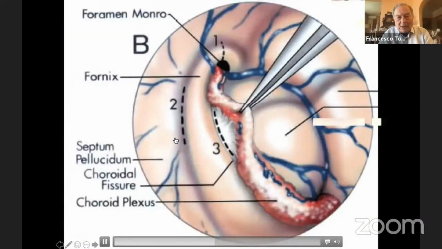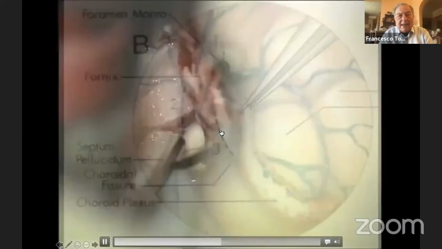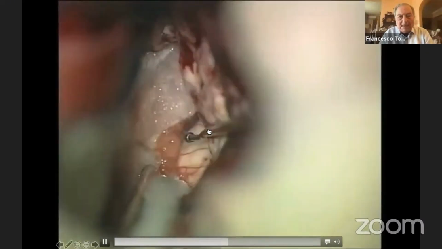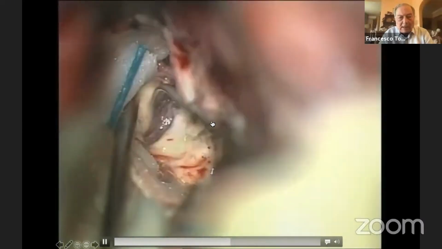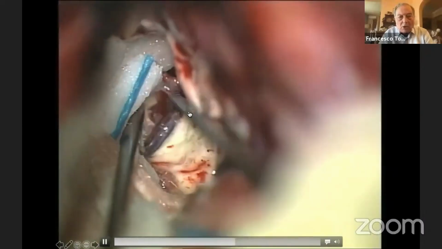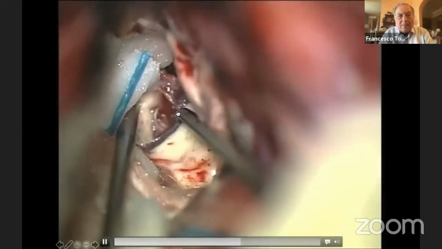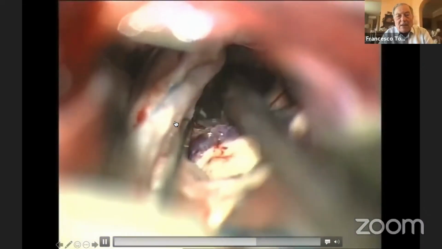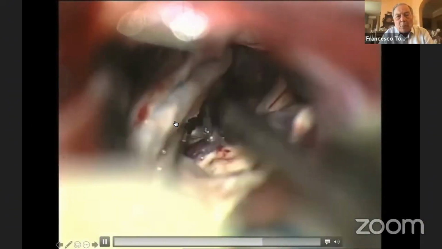There was no adhesion, and in this case I used the subchoroidal approach. This is the thalamostriate vein, and you see that we can control also the posterior portion of the tumor and remove it without injuring the ventricular wall.